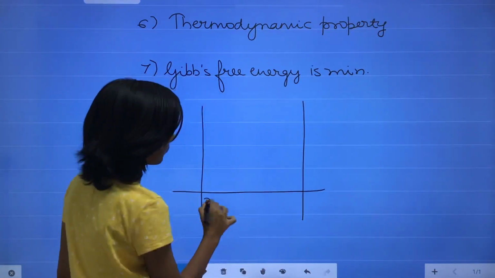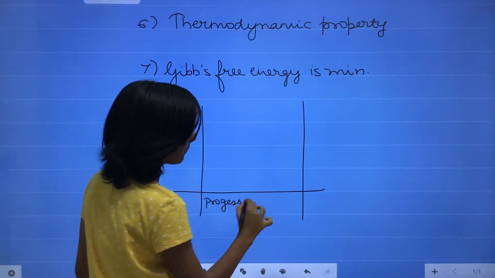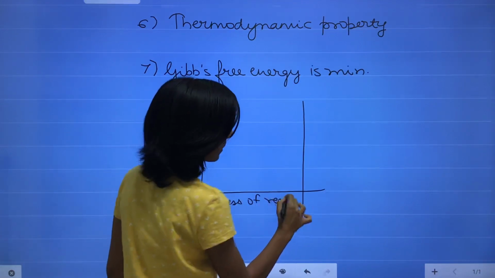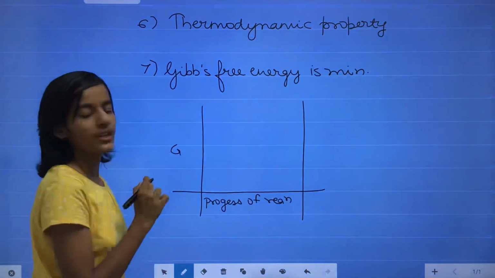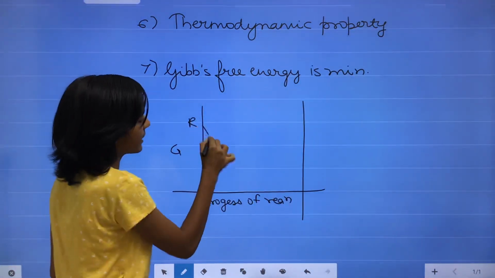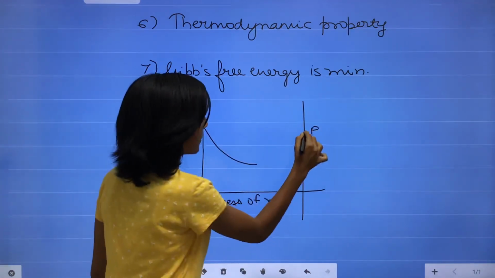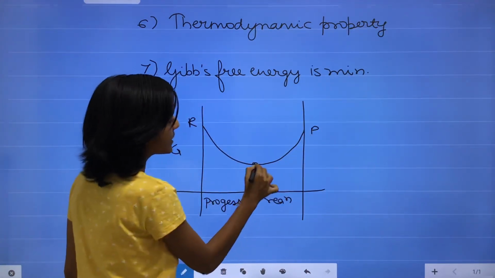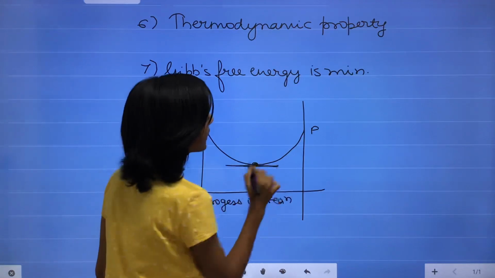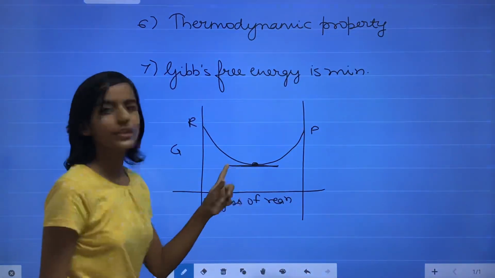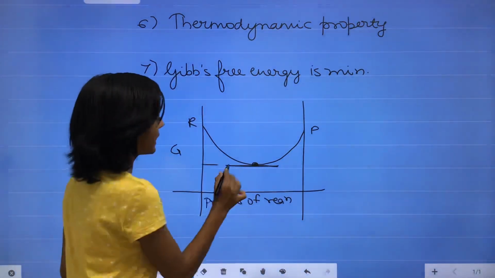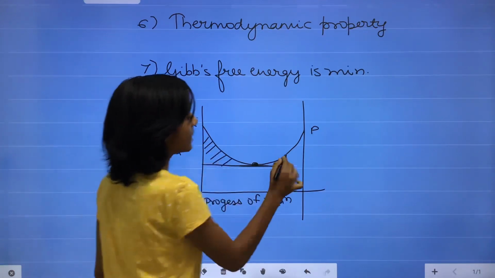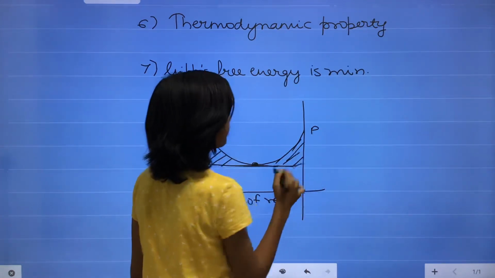So this is the progress of reaction, and this is the Gibbs free energy, and this is the reactant, and this is the product, and this point is equilibrium, and here the G is minimum.